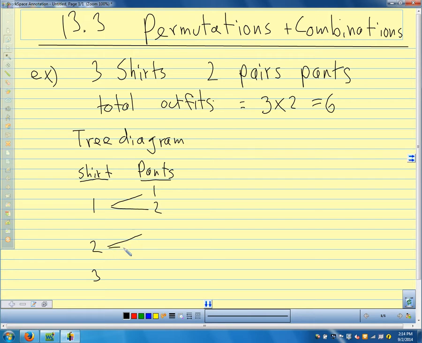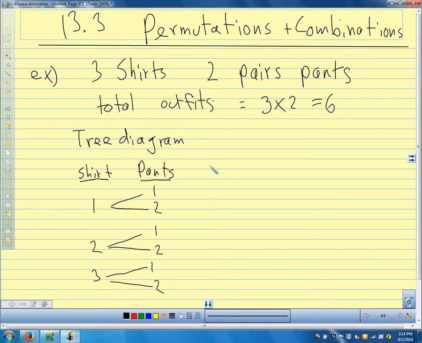For shirt number 2, do the same thing, and we're saying that they all match. Same thing there. So I have 1, 2, 3, 4, 5, 6 possibilities for my outfits. They call this little thing a tree diagram. That's how we come up with it. So 2 times 3, 6.